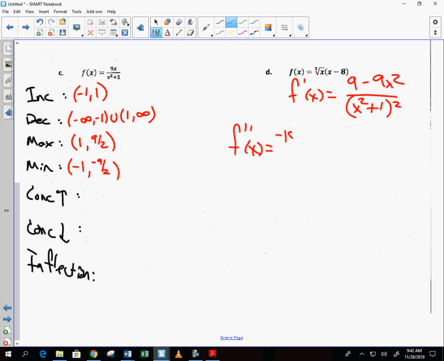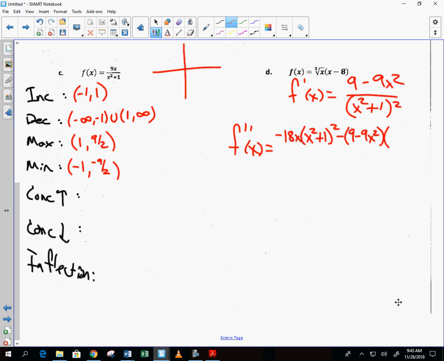Negative 18x times the bottom, x squared plus 1, quantity squared. Minus, I'm just going to write the top, 9 minus 9x squared, times the derivative of the bottom. What rule do you have to use to find the derivative of the bottom? Chain rule.